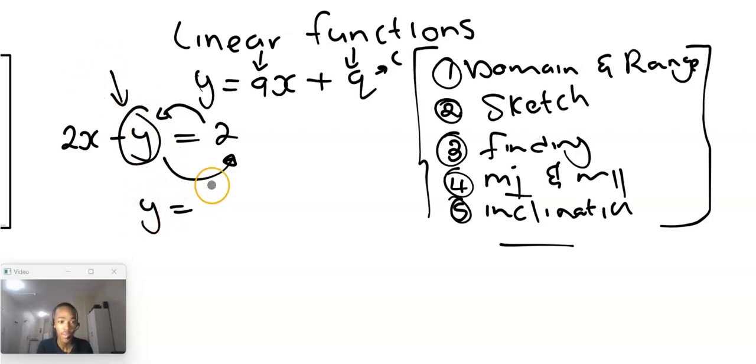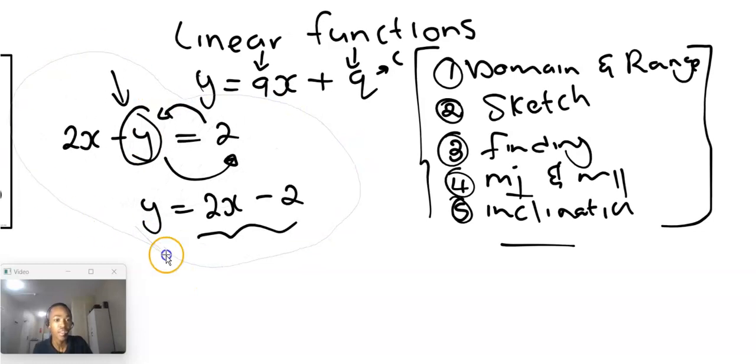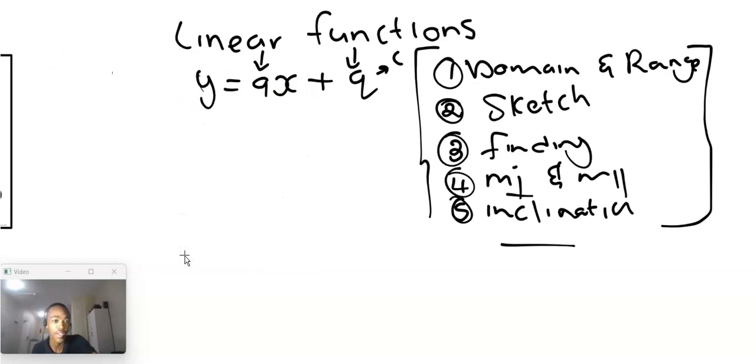So meaning we have y is equal to, transposing the y that side will be positive, and then the 2x stays as positive, and then if you transpose the 2 on the side it will be negative 2. So this is what we call manipulation of a formula, right? You are most likely to encounter this in your exams. Of course you have to just work a little bit of algebra to make the y the subject of the formula.